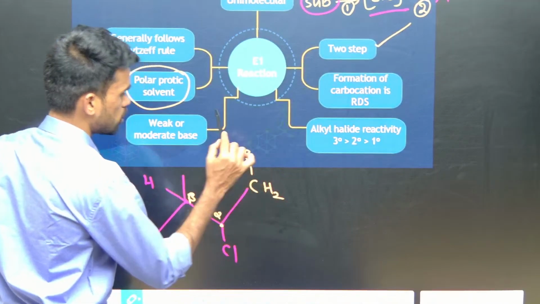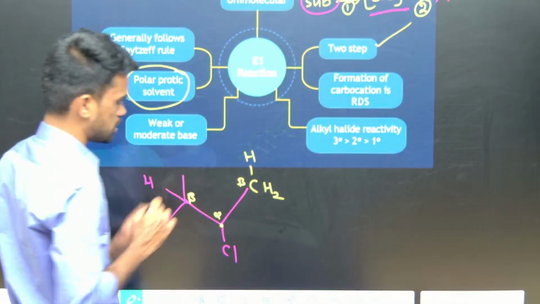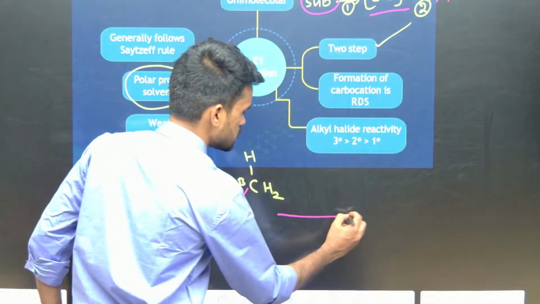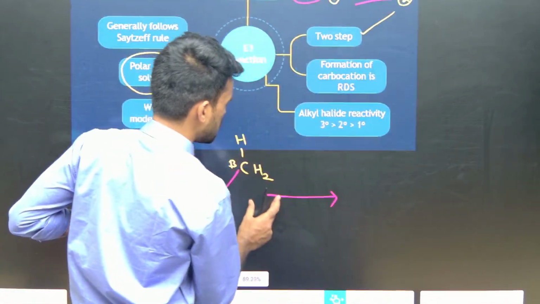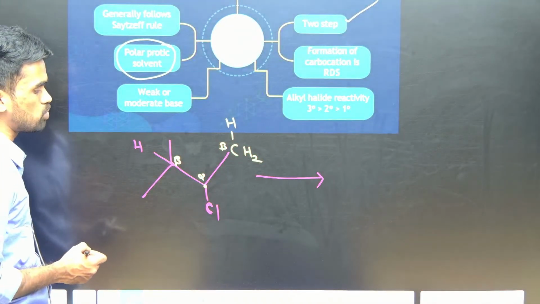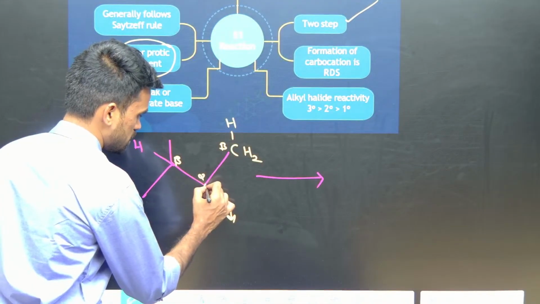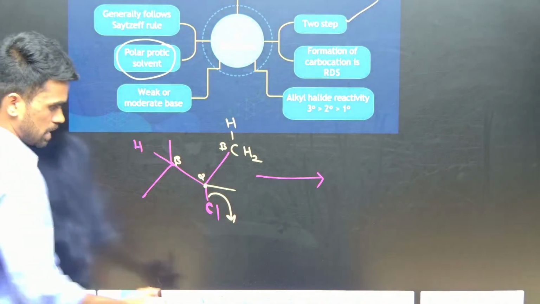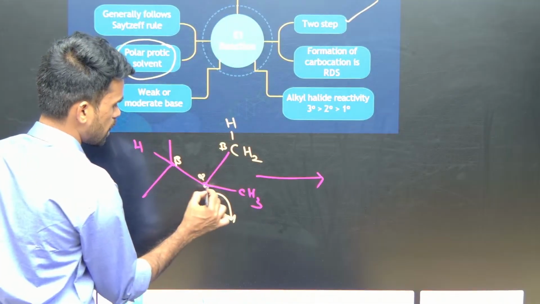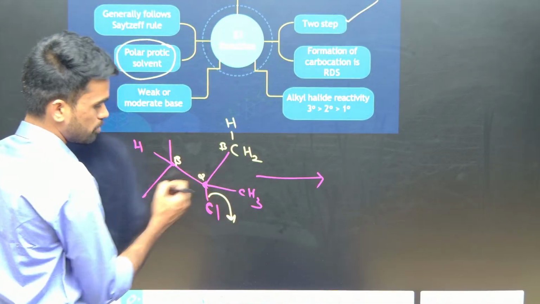Now alpha-beta elimination, or 1,2 elimination, takes place. 1,2 elimination means first the elimination of the chlorine atom from here. For example, if it is a tertiary carbon, there are three groups here: one alkyl group, a second and a third alkyl group, and this chloride.